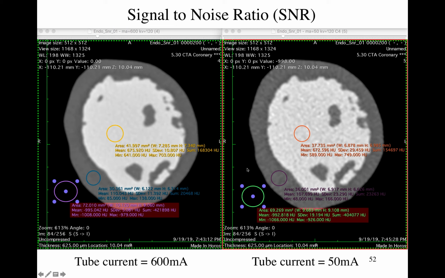And when you have fewer photons, the uncertainty in the number you count goes up. And so the noise changes depending on the value of the thing. So that was a good question. Signal to noise is just an element itself divided by its noise. Contrast to noise, you look at a target and a background.